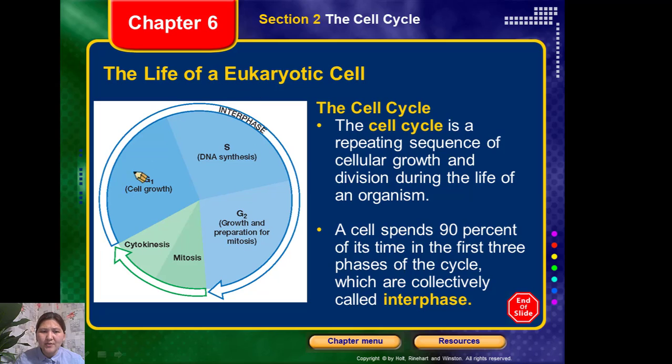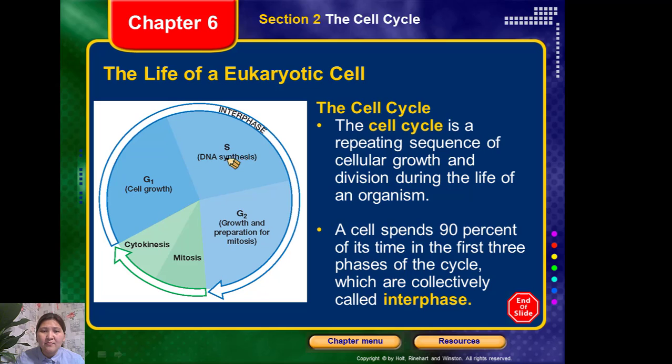Imagine that this circle is an animal cell. Of course, this is a eukaryotic cell because they have a nucleus. So what happens in each of these phases? First, we said that all of these 3, this blue side, are called interphase. In G1, the cell grows.